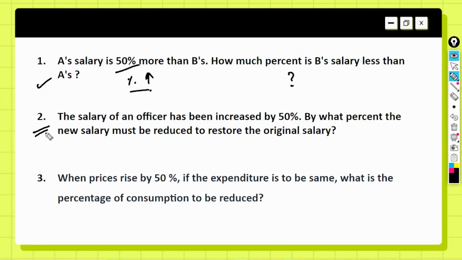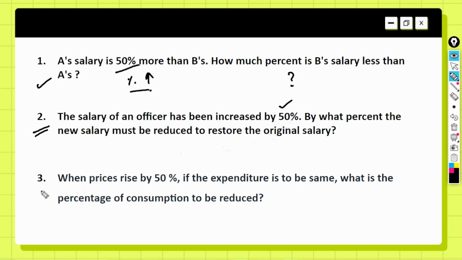The second design of problem is like a salary of a person is increased by 50%, and by how much the new salary should be reduced to restore to the original salary. A similar type of question. Here also I've used the same number intentionally to teach you something at a later stage, so keep it at the back of the mind.